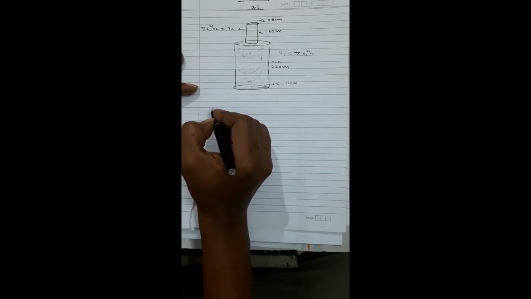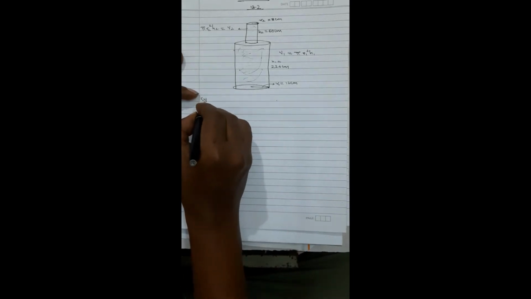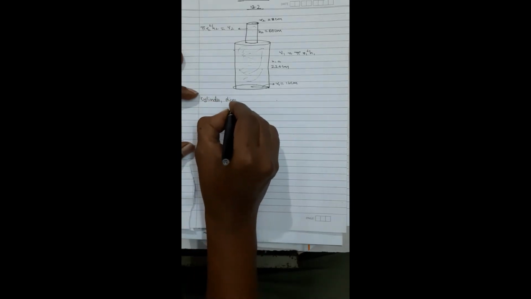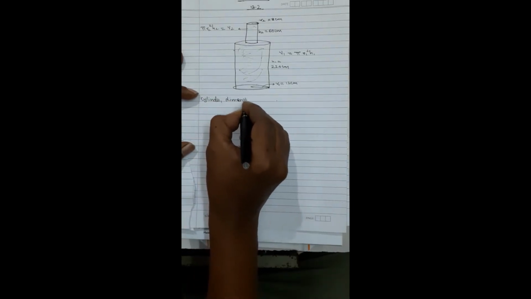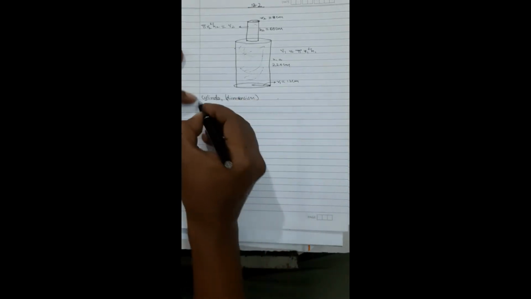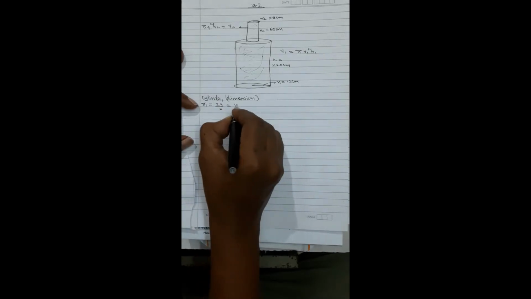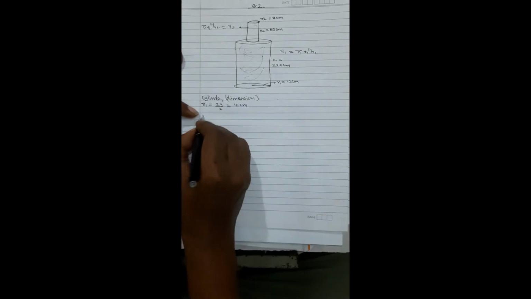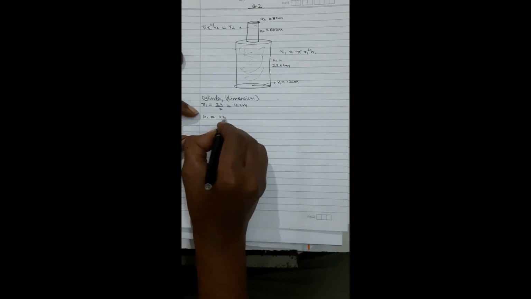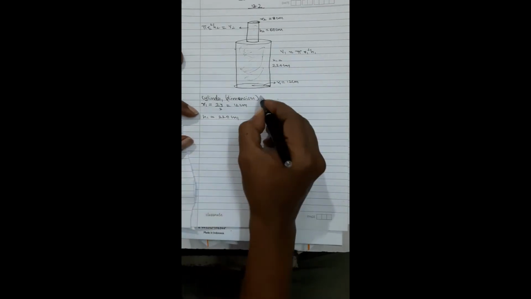So cylinder 1, dimensions are what? R1 is equal to 24 by 2 is equal to 12 centimeter. H1 is equal to 220 centimeter.